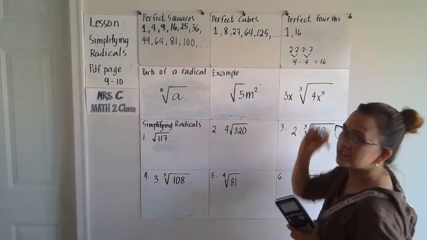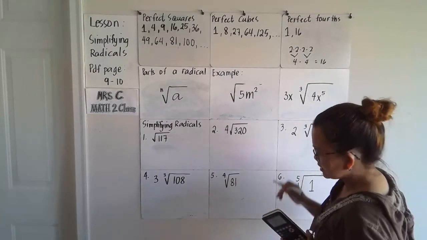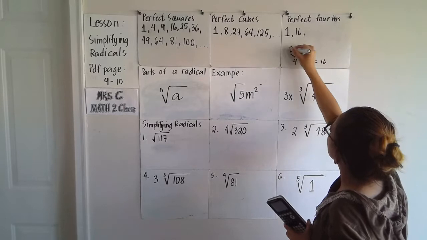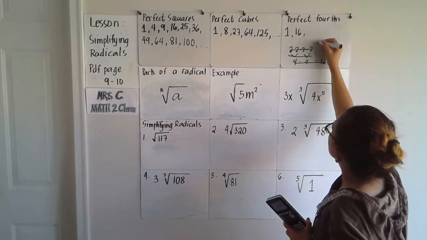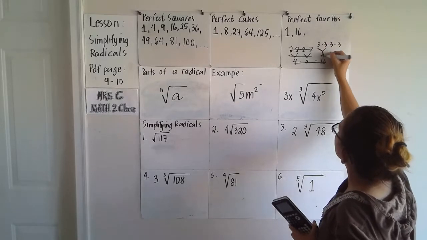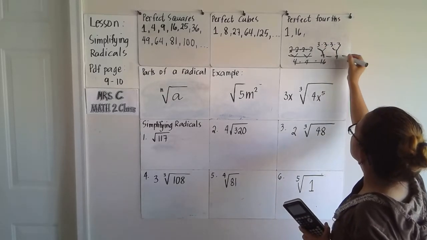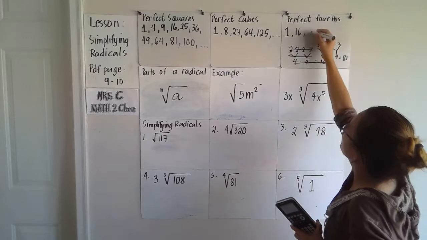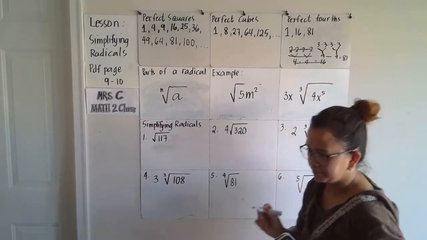So this will be 16. Next is 3. So we are multiplying 3 four times. 3 times 3 is 9, 9 times 9 is 81. So next will be 81.